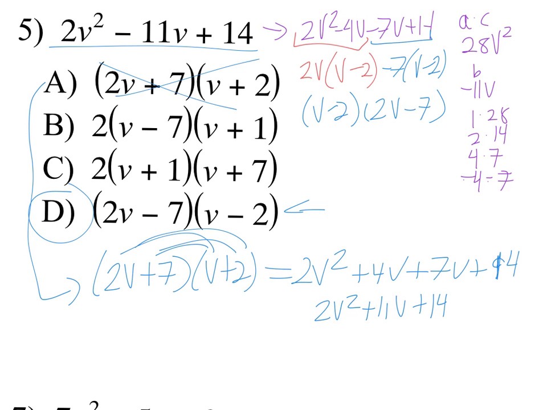That one doesn't work. I could do the same thing for each of these answers, and in that process, instead of actually factoring, I could multiply to see which one gives me the right question.